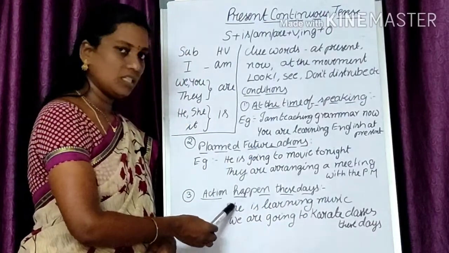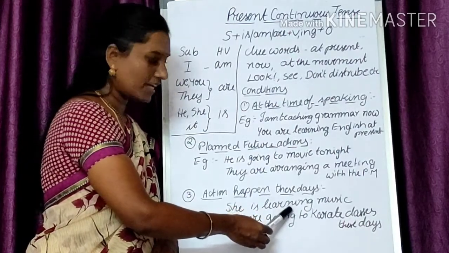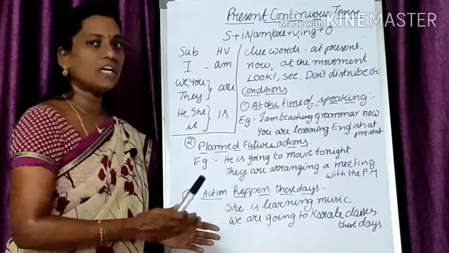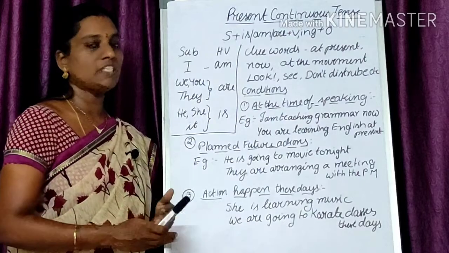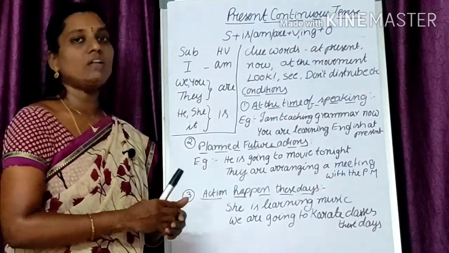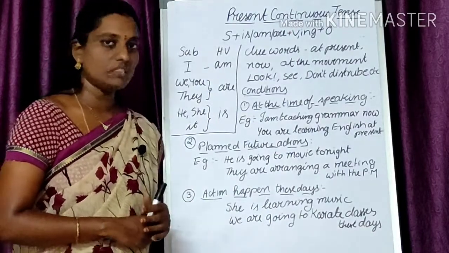She is the subject. Is is the helping verb. Learning is V1 ing. Music is the object. That means she may be continuously learning for 3 days, but at the time of speaking, she may not be learning music. But the actions which are going on those days can also be expressed in present continuous tense.